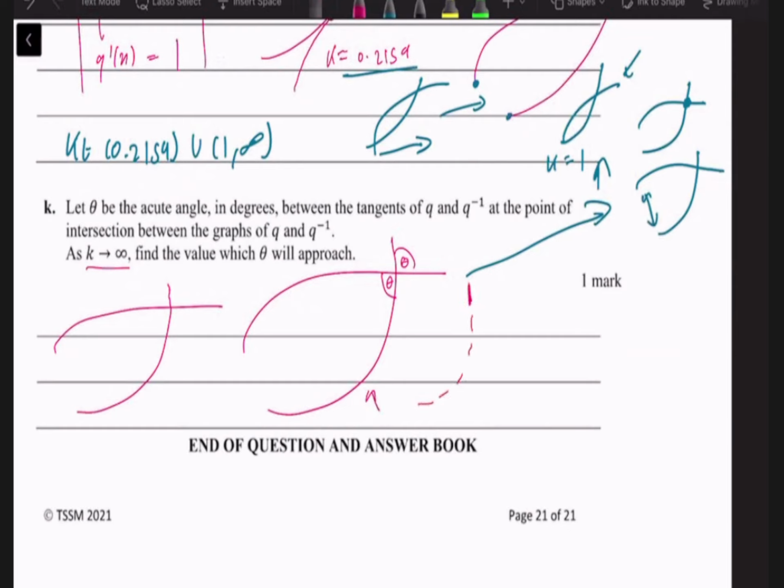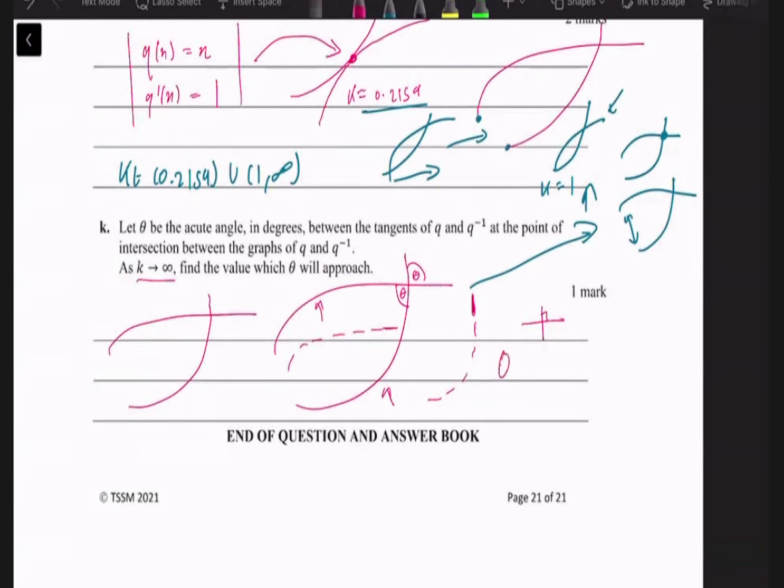And the graph of this one has a decreasing gradient, so it's getting flatter and flatter. Eventually you have a vertical one, and this graph will be horizontal. So that's why eventually theta will go to 90 degrees.